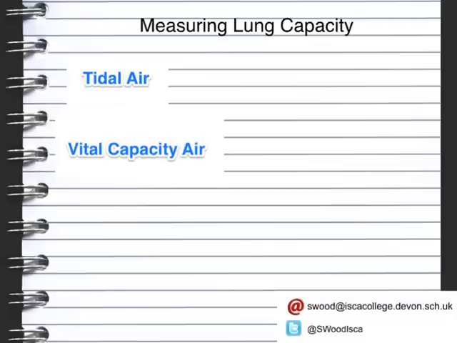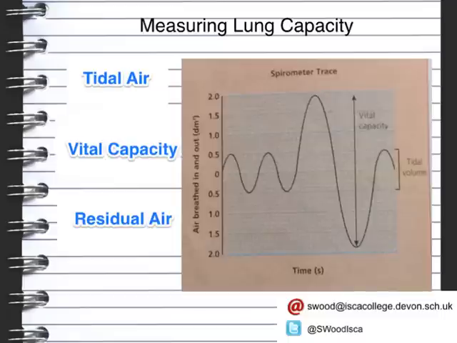And then we have what we call the residual air. The residual air is the volume of air that stays in the lungs even when we breathe out to our maximum. Now, if we look at the results of a spirometer trace, you can see we've got the tidal volume, which is where we breathe in and out.